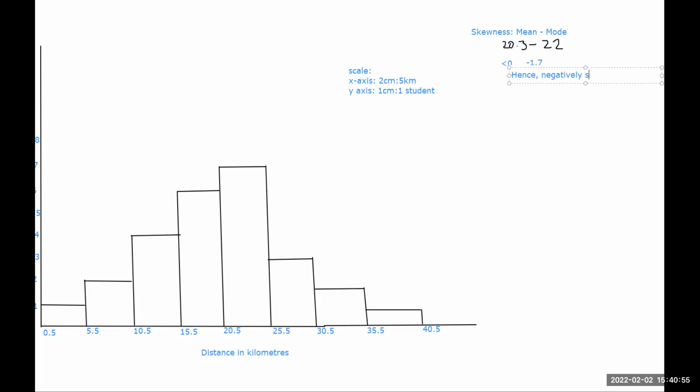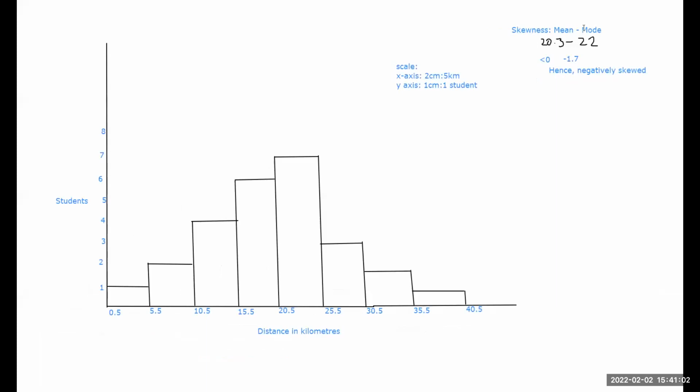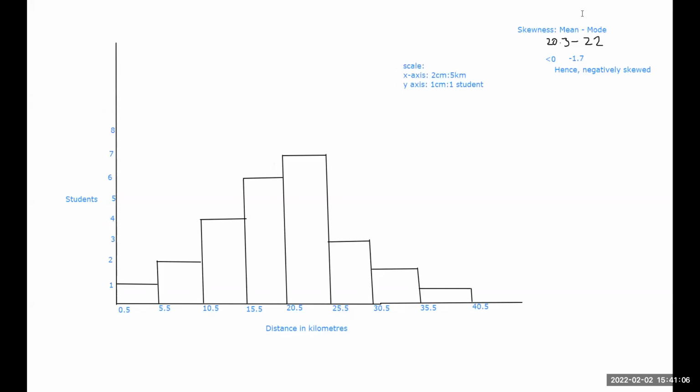Now, Jamie, not all the time a data set is going to have a mode. You're going to find data sets that don't have a mode at all. That's when you use a different formula for skewness. That one is 3 in brackets mean minus median. I'm going to put everything well typed together next week.